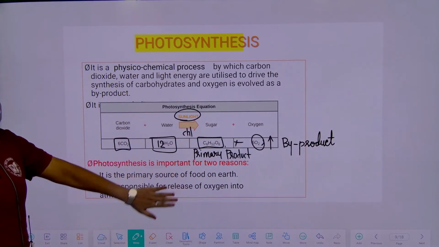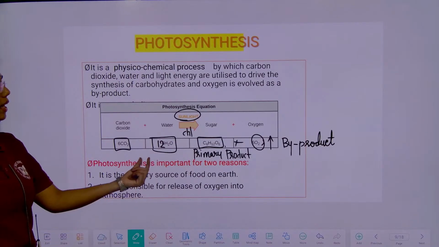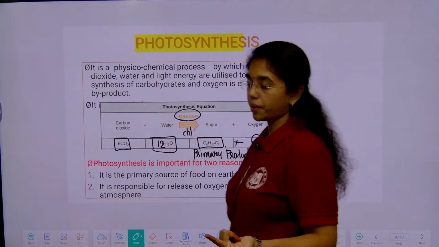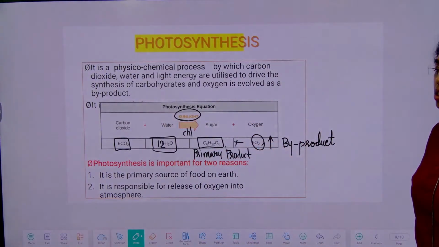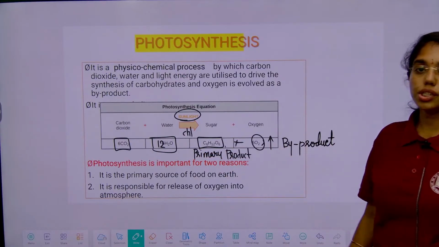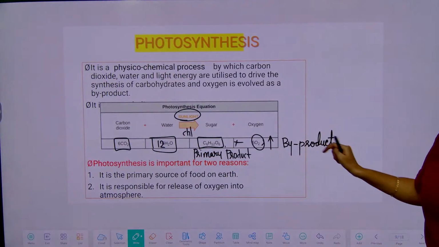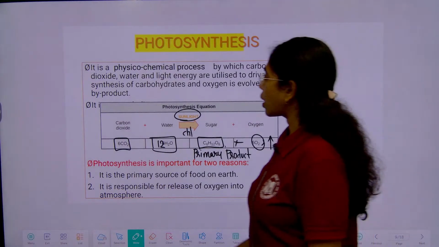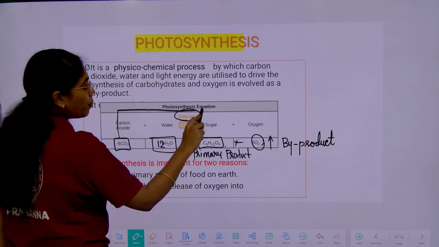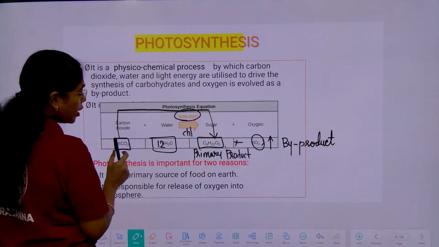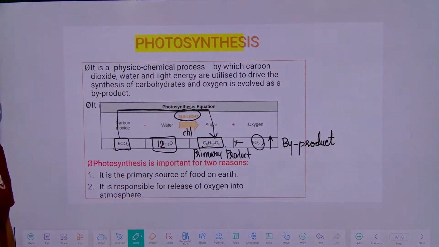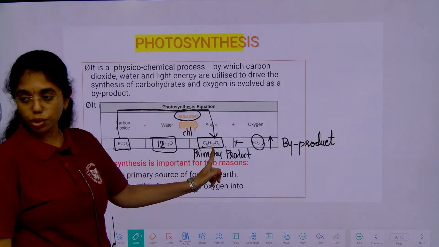So now here if you look into the reaction, what are the raw materials of photosynthesis? Carbon dioxide, water. What are the products of photosynthesis? Glucose is the main or primary product and oxygen is the byproduct. If you clearly look into the reaction, carbon dioxide, which is the substrate, when it has turned to the primary product, it got reduced from CO2 to glucose. It got reduced or not? Addition of hydrogen group.